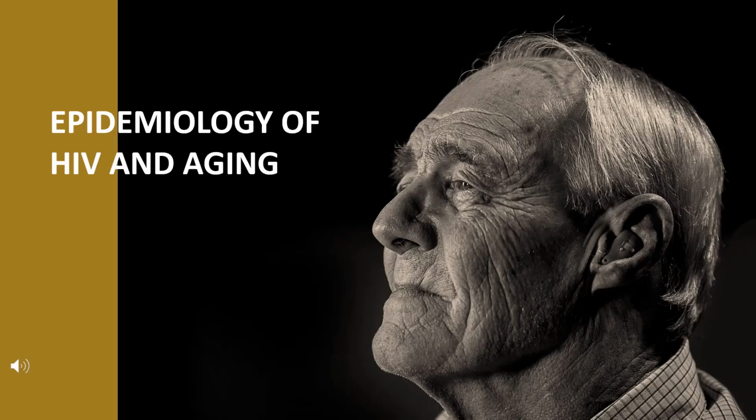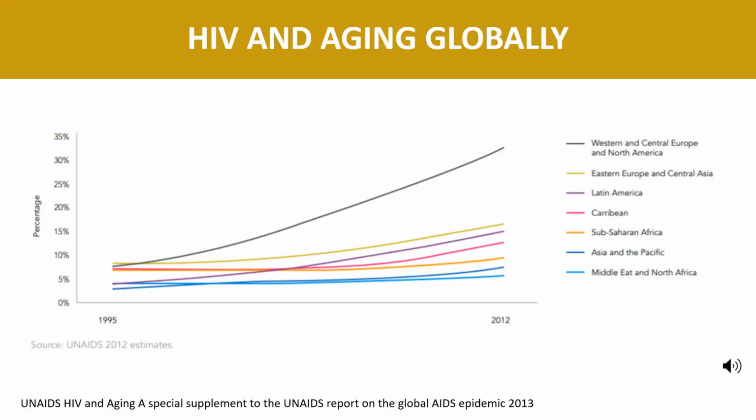Let's begin by summarizing the epidemiology of HIV and aging from a global perspective and from regional perspectives in Africa, Asia-Pacific, and North America. These are global data from the special supplement on HIV and aging produced by UNAIDS in 2013.